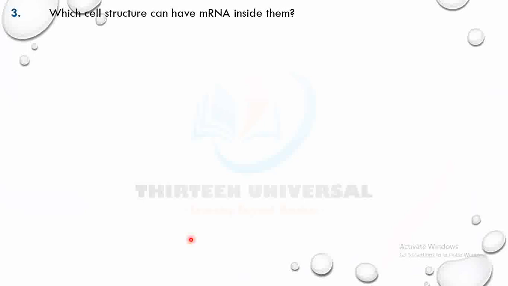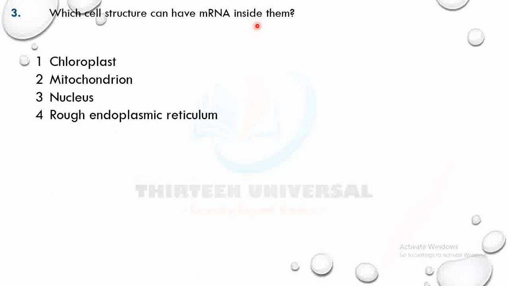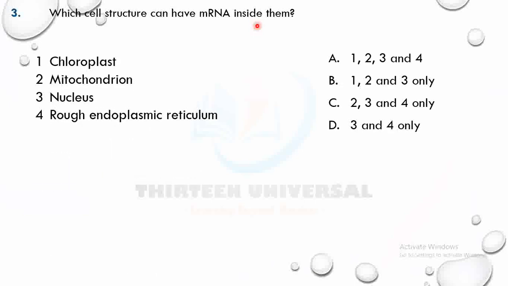All right, let's go to the next question. Which cell structure can have mRNA inside them? Is it chloroplast, mitochondrion, nucleus, or rough endoplasmic reticulum? Pause the video and solve it.